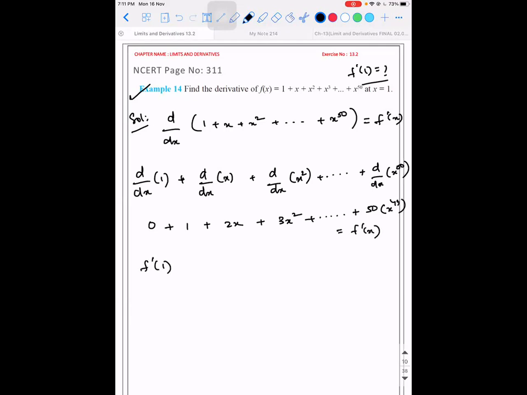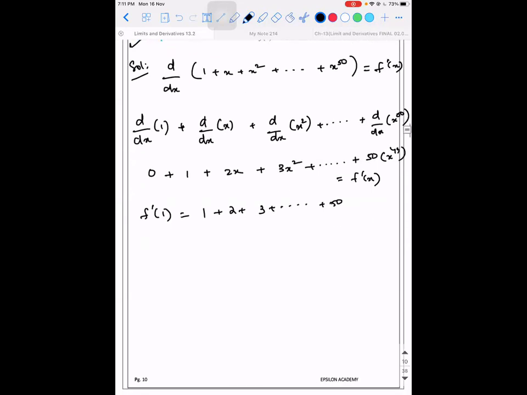Now I need f dash of 1. f dash of 1 will be 1 plus 2 plus 3 plus so on till 50, because 1 power 49 is 1 only. So 1 plus 2 plus so on till 50 is nothing but the sum of the first n terms. Yes, sir. The answer is n into n plus 1, the whole divided by 2, that is 50 into 51 divided by 2.